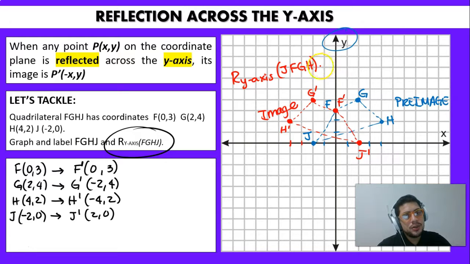So the reflection or the image is going to be the quadrilateral H'J'G'F'. Remember to put the tick marks to represent that they are indeed an image.